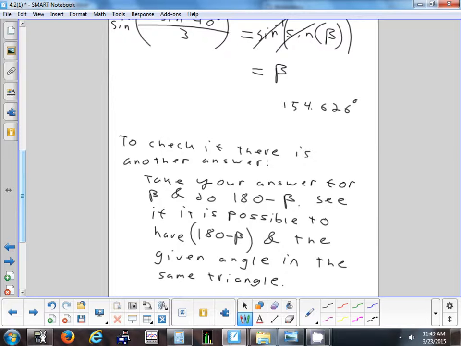No. If you add 40 to this, you get 194.626. That's too big. Okay. So the second answer, this 154.626, doesn't work in this problem. It's too big. If it had come out a little smaller, then maybe it could have worked. But in this case, it came out too big.